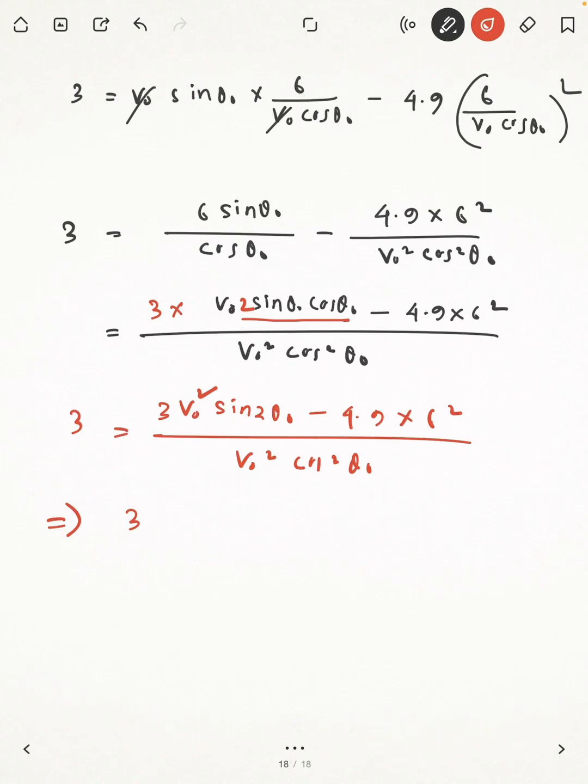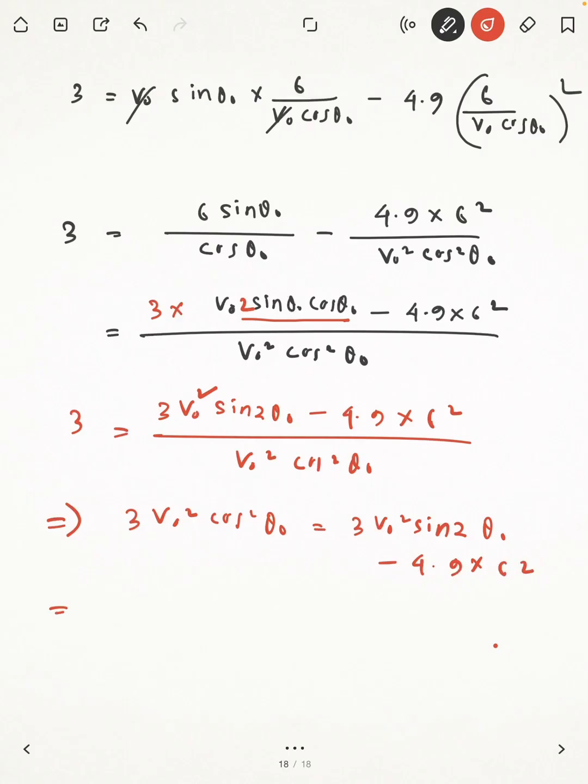So v naught square cos square theta naught should be 3 v naught square sine 2 theta naught minus 4.9 times 6 square.